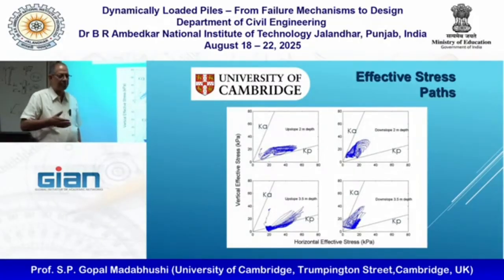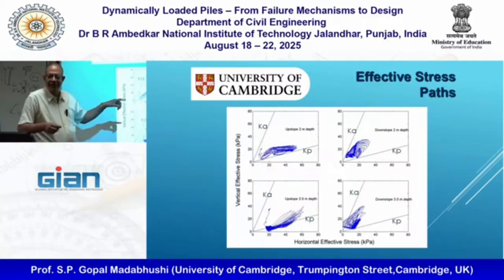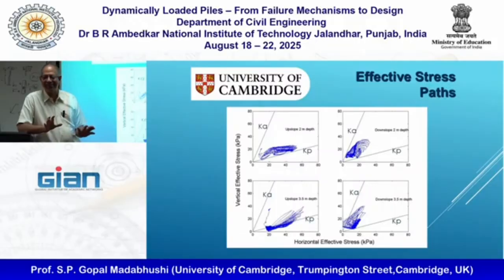If you have laterally spreading soil in Plaxis and ask for the stress path next to my pile, now you know where they should be. Upslope, it should be close to Kp. Downslope, it should be almost equal between Ka and Kp. If that pattern is not there, then there's something funky going on in your code. Because that's what you need.